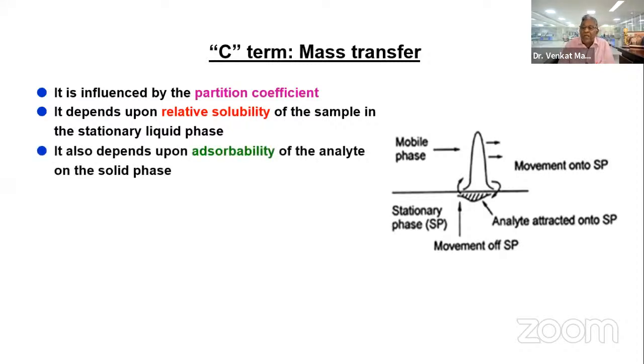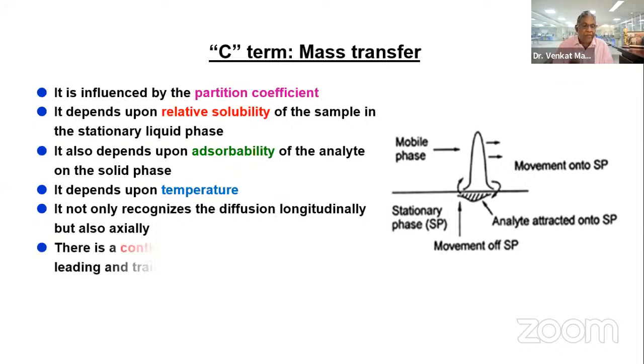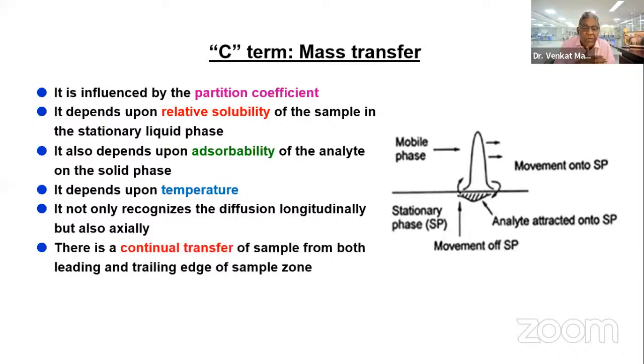It also depends to what extent they are able to get adsorbed to the surface of the solid phase. Not only that, the entire process depends upon temperature. That's why column temperature plays a very important role in the entire analysis. Therefore, it is not only diffusion longitudinally, but also axially. When you do all these things, there's a continuous transfer of sample, both from the leading and trailing edge zone.